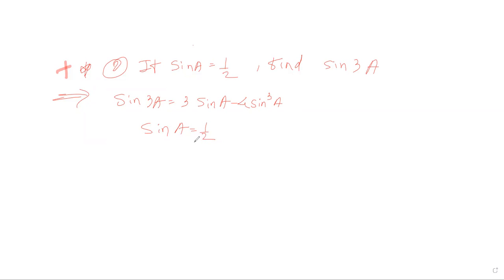So put in the value of sine A: sine 3A is equal to 3 as it is, multiplied by 1/2, minus 4 as it is, then sine cube A means 1/2 cube. Now solve this.